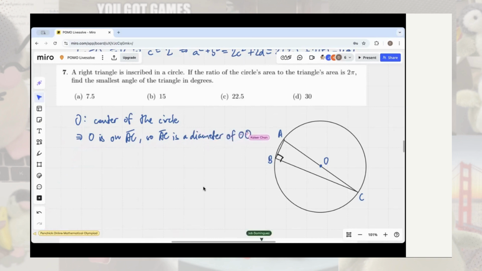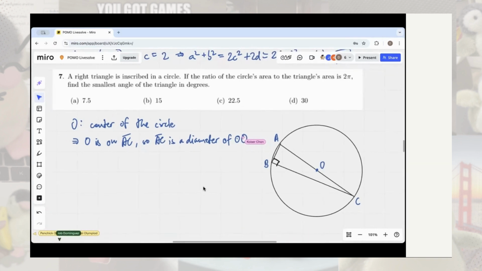Now let R be the radius of circle O and H be the height from B to AC. If we draw this, it will look something like this.